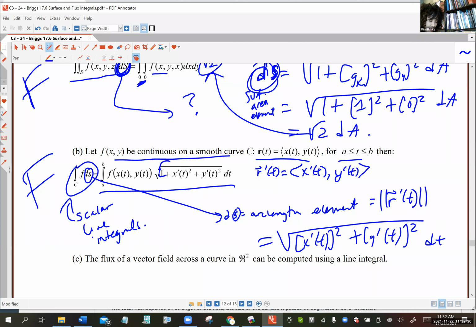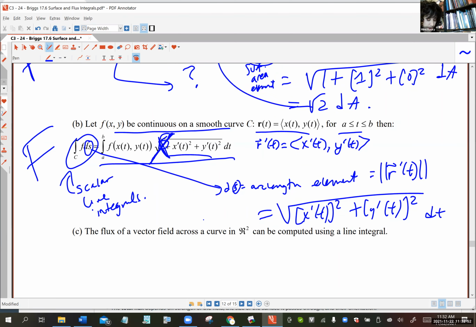But look what they have here. Where's that extra 1 coming from? I think they're confused. They're getting that extra 1 from the surface area element. And this person is very confused. So if you want to make this true, you get rid of that 1. You would just have the sum of the squares of the velocity vector components underneath the radical. And it'll be true.